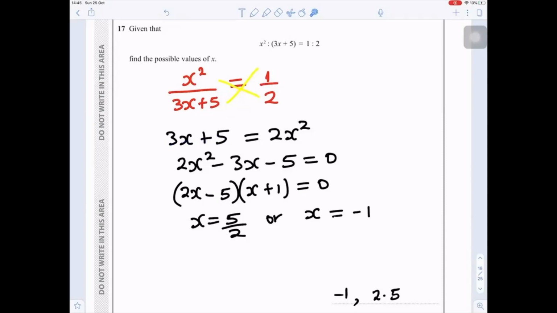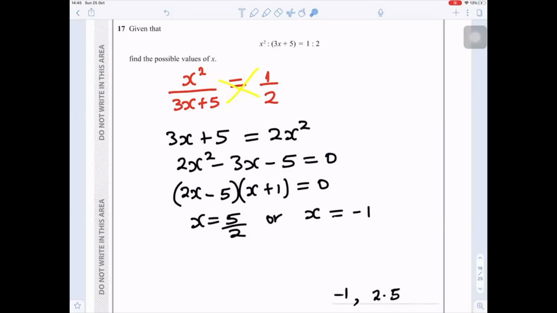Now you put everything to one side. 3x goes to the other side and 5 goes to the other side. 3x is plus 3x. You take it to that side, it becomes minus 3x. Plus 5, you take it to that side, it becomes minus 5. And everything that is left on the other side is 0.